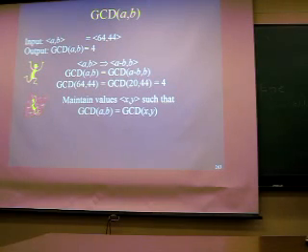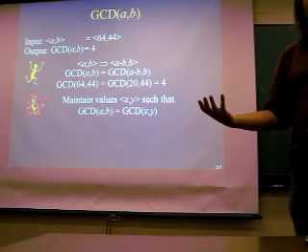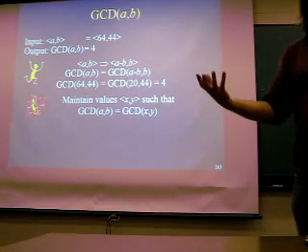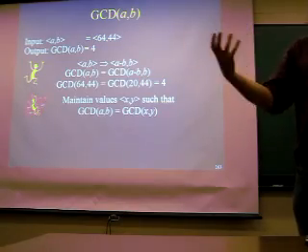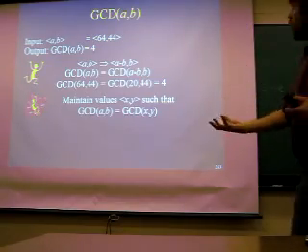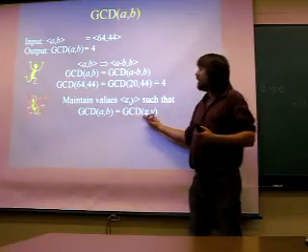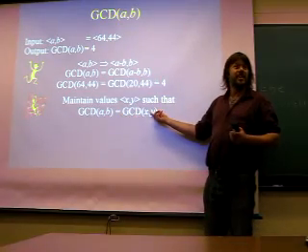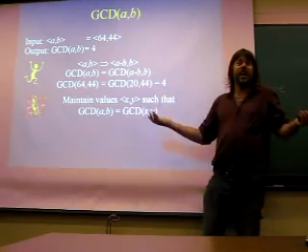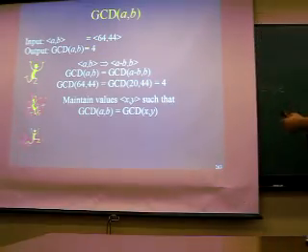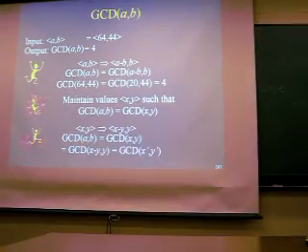And what's our measure of progress? In general, why have we made progress going from here to here? X and Y are smaller. They're smaller, right? All right, so how do you maintain the loop invariant?